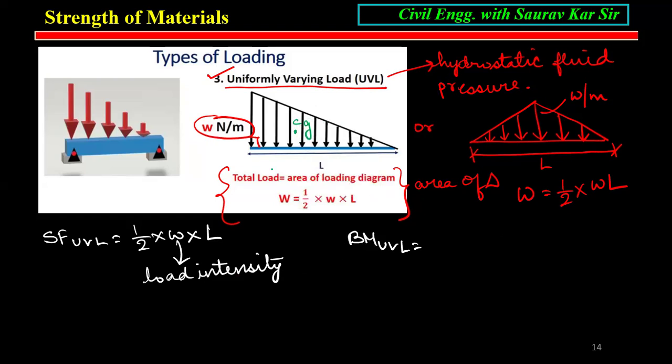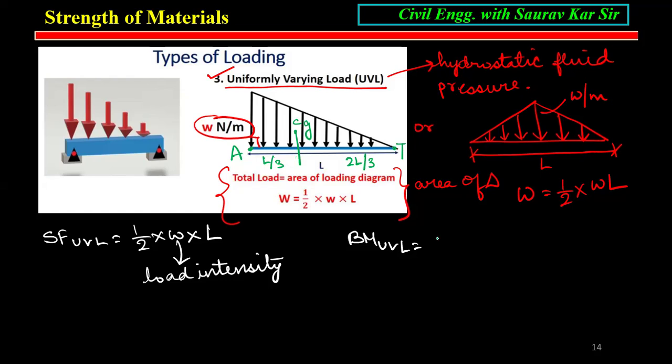The CG distance for a right triangle: if this is L by 3, then this is 2L by 3. If I consider the tail and the apex of the triangle, from the tail it is 2L by 3, and from the apex it is L by 3.